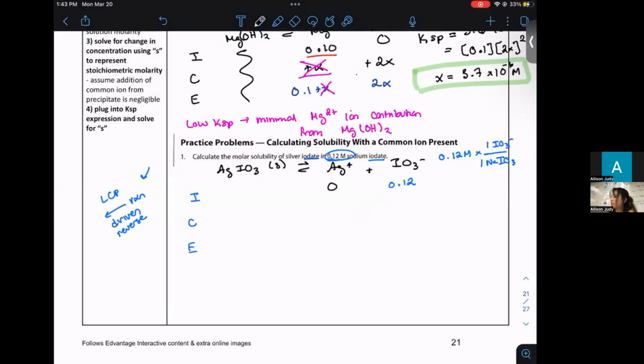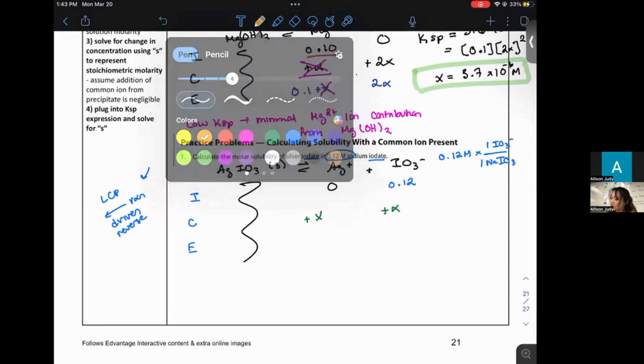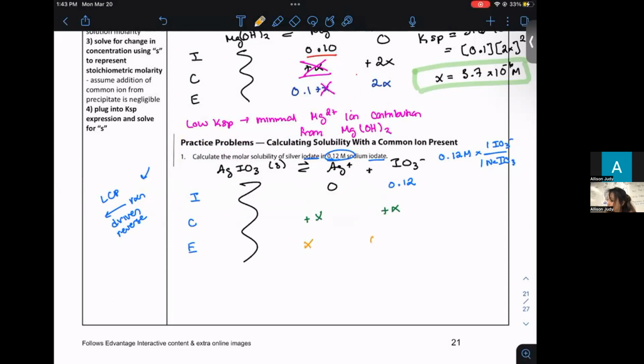And it would be 0 for the solid, doesn't matter. Now you say to yourself, stoichiometrically speaking, for every Ag ion produced from the dissociation of my silver iodate, I am also going to get a change of positive X amount in a 1-to-1 ratio. So then my equilibrium values are X and 0.12 plus X.